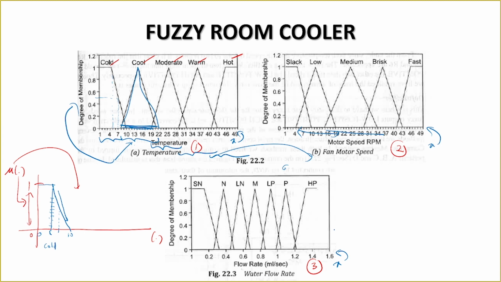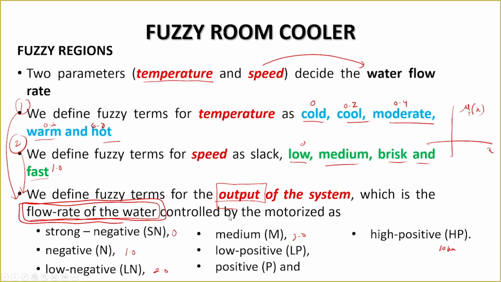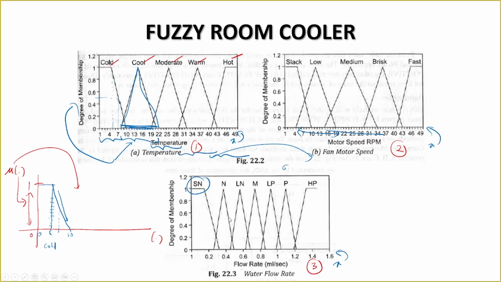The same goes for the flow rate, which reflects the final inference or output for that particular system, the fuzzy room cooler. So we have, what is SN for? Hold on. Okay, strong negative, negative, low negative, medium, low positive, positive, and high positive. So that would be the target for our system depending on temperature and fan speed.